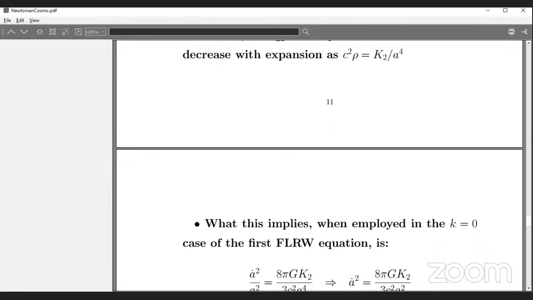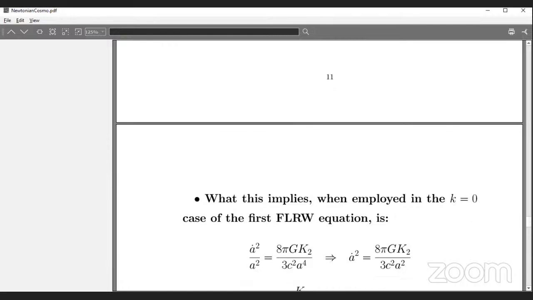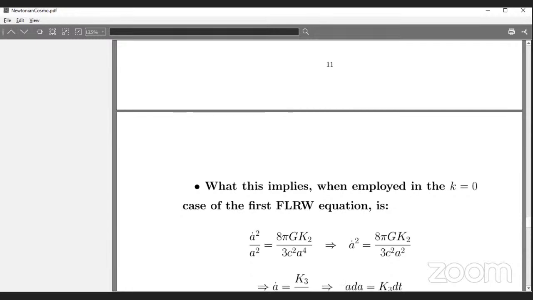Now, what we can do is use this form that rho is going down as 1 over A4 for radiation-like matter. We can use the first FLRW equation and take the k equal to 0 model to find out how the scale factor changes with time when the universe was radiation dominated.